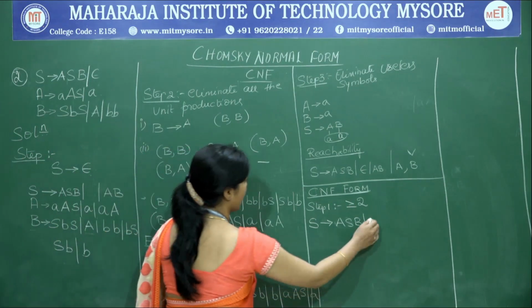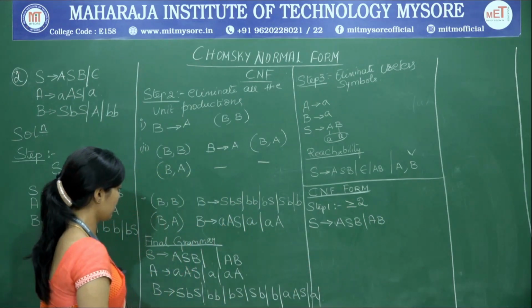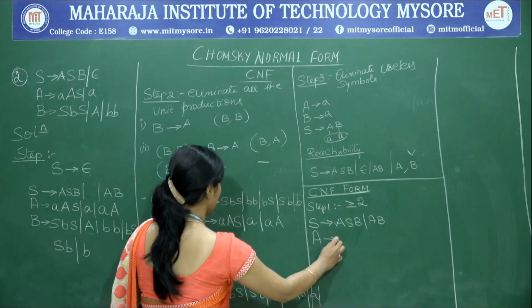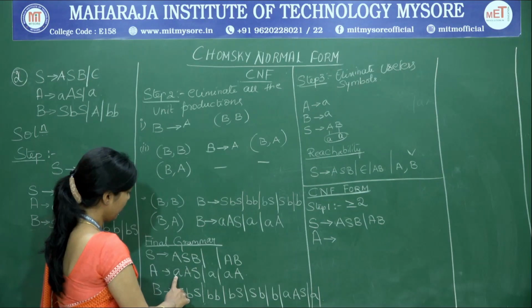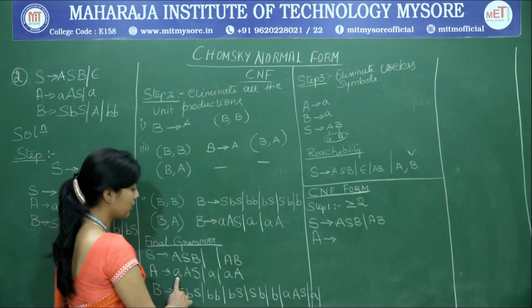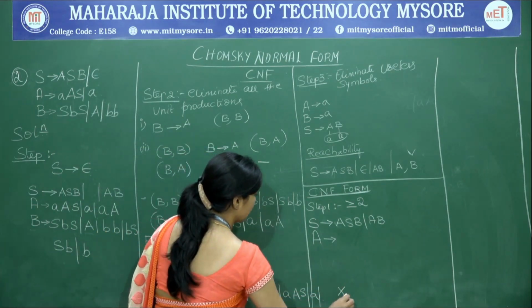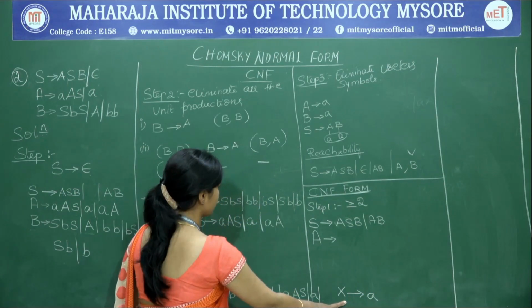So next we have AB. We do not make any changes to this because there are no terminals. Next we have A goes to. So we see here it is of length greater than or equal to 2, and there is a combination of terminals and variables. So here we make the replacement, and the replacement that we are going to do is X goes to a, that is the new X variable that we are introducing.